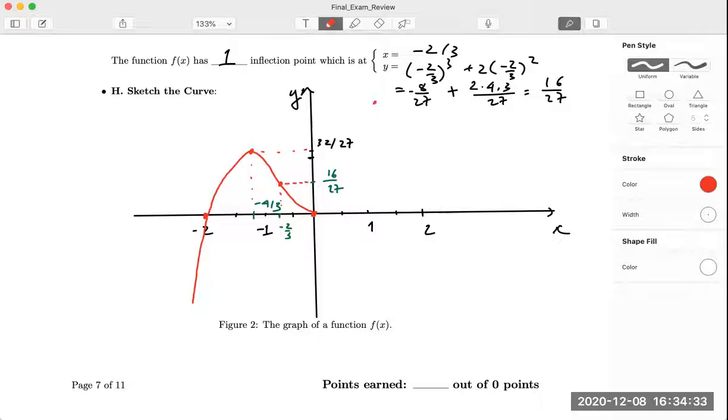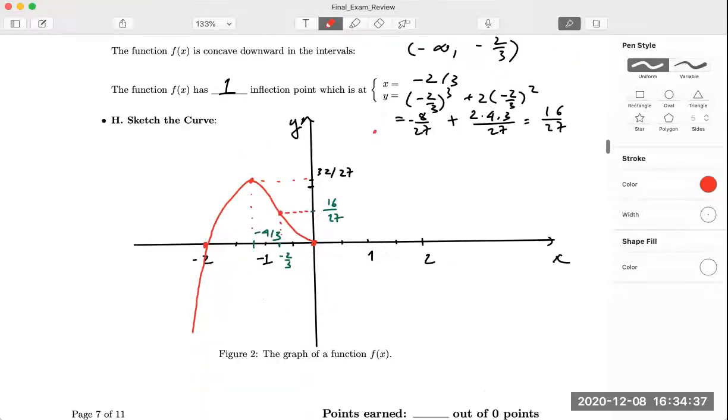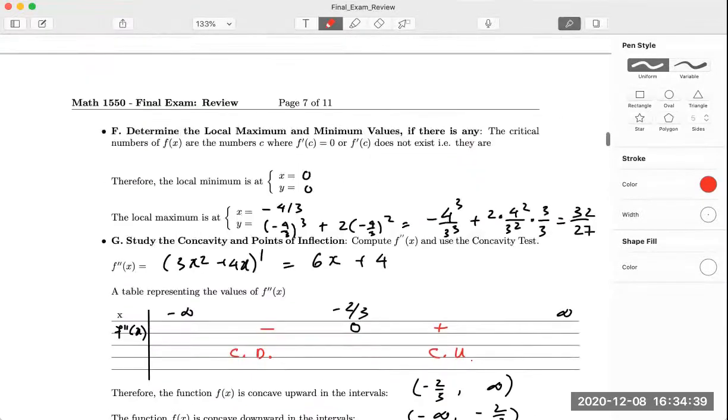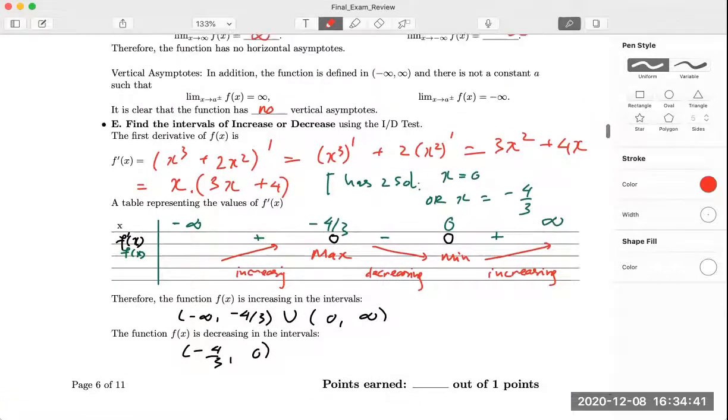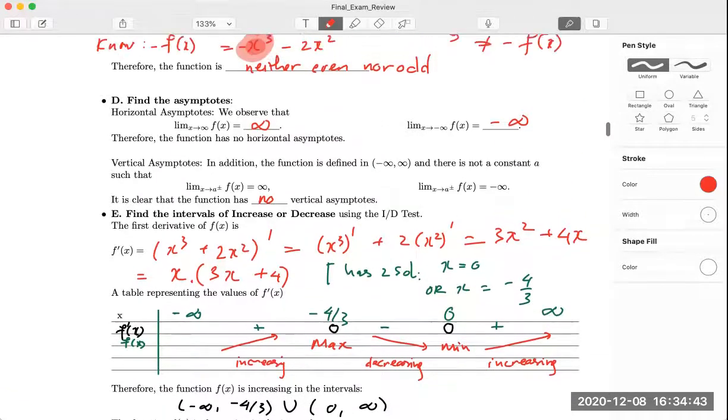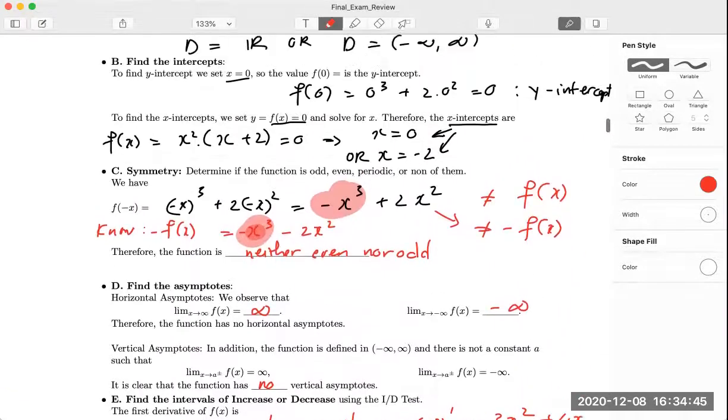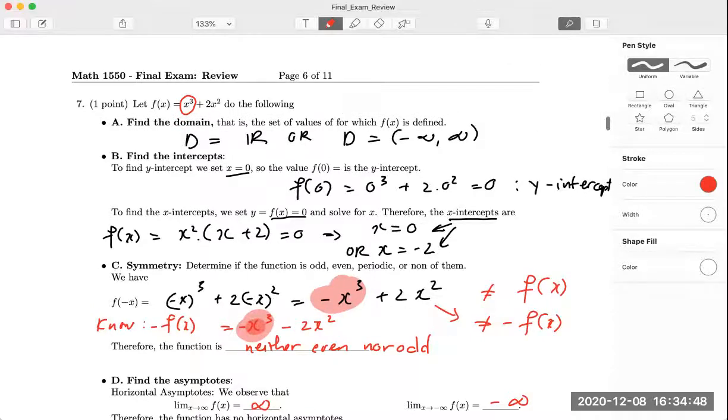And let us find at 1, what is the value of y? When x is equal to 1, we substitute the value here, right? Then y will be 1 cubed plus 2 times 1, which is 3.